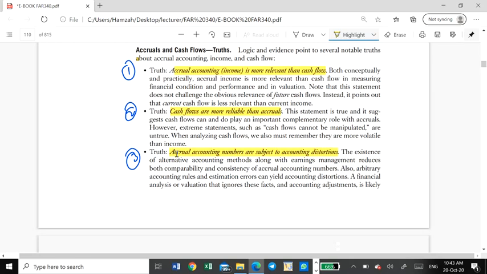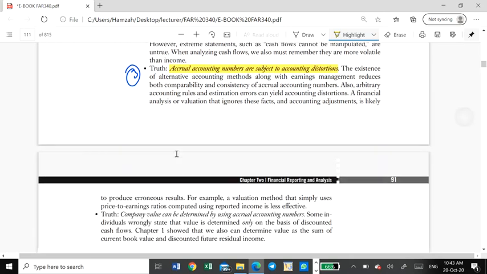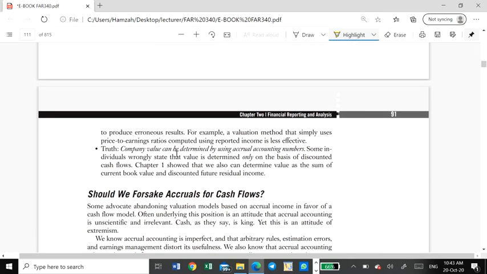Okay, distortions ni maksud dia macam full with errors or false information. Okay, so accrual accounting ni memang banyaklah subject tu accrual distortion lah, sebab dia based on assumption kan. The lastly is that company value can be determined by using accrual accounting numbers. Itulah the truth of accruals and cash flow.